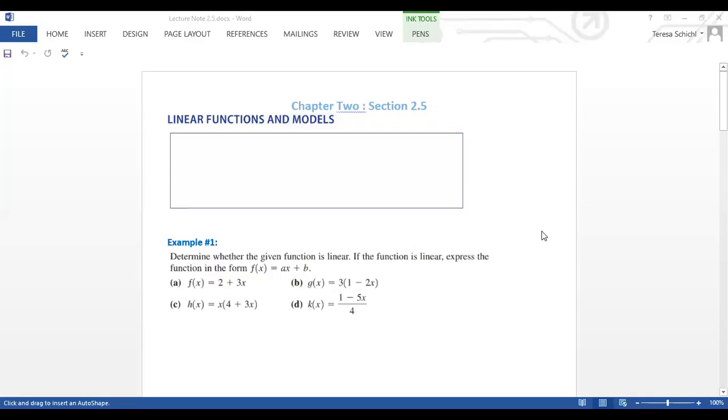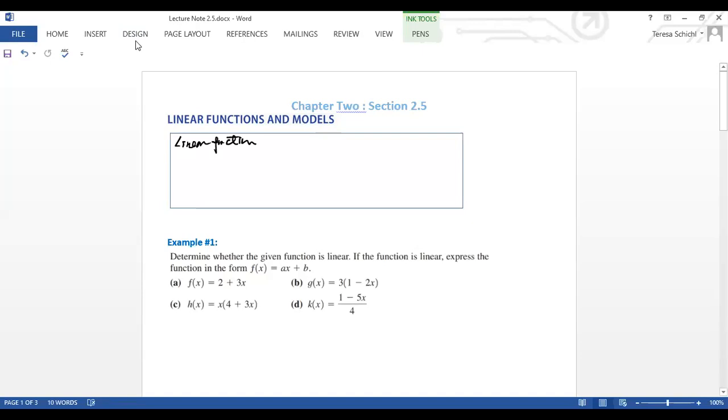Let me go to our worksheets so that you can see what type of problems we have. The first thing we're going to talk about is the definition of a linear function.